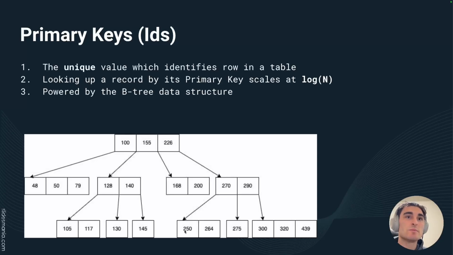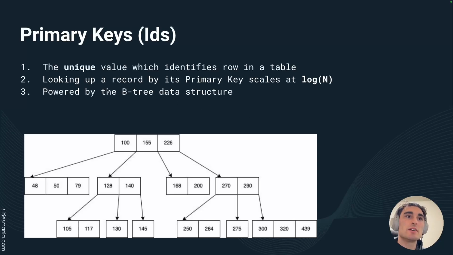This is really nice because if you have the primary key of a record, you can look it up very quickly. It scales at log n of the overall size of the database, which basically means that even if you have a database with millions and millions or billions of records, your lookups are still going to be very, very fast.